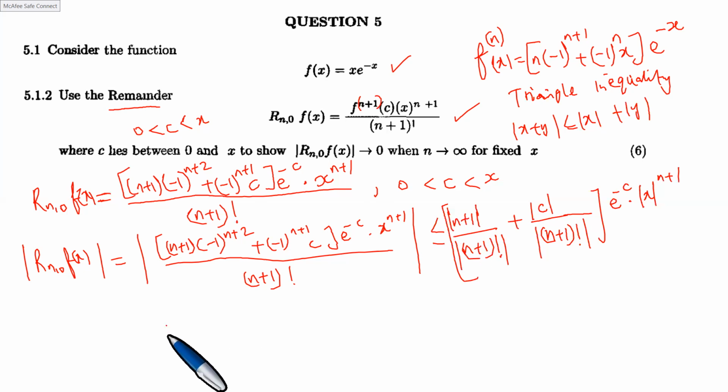Okay. Now we are in a position to take the limit of this.